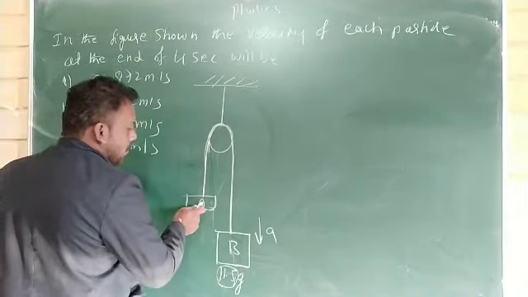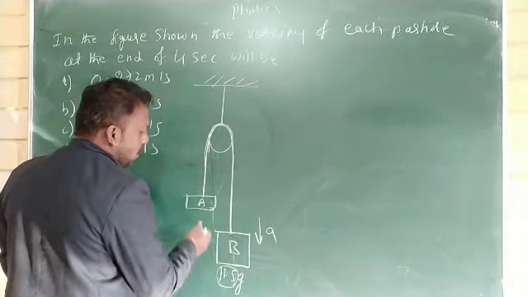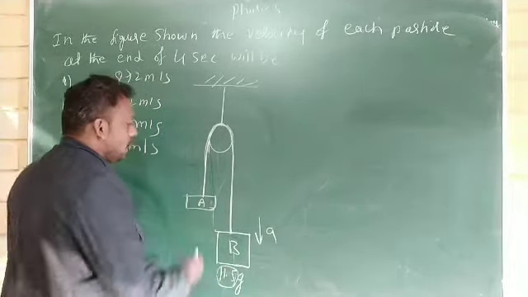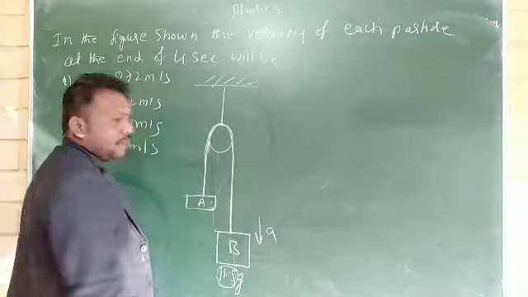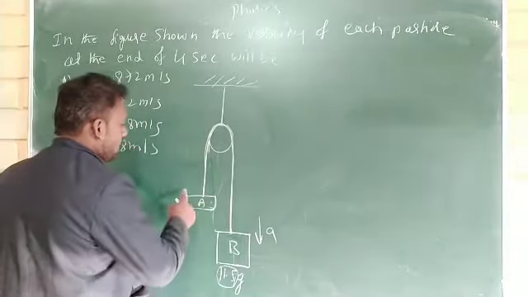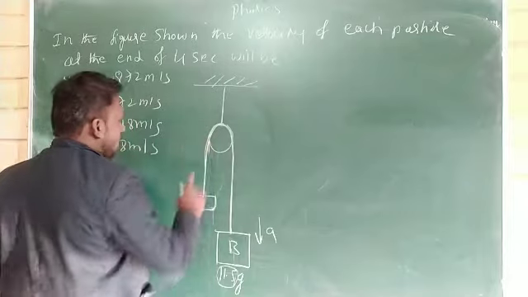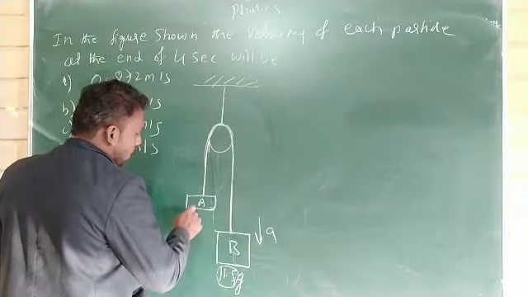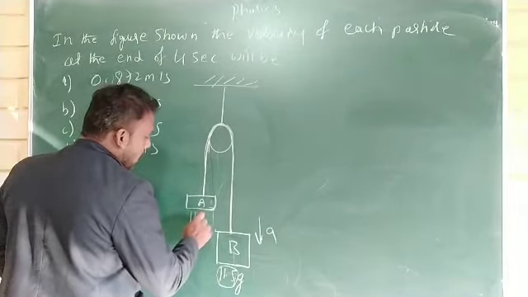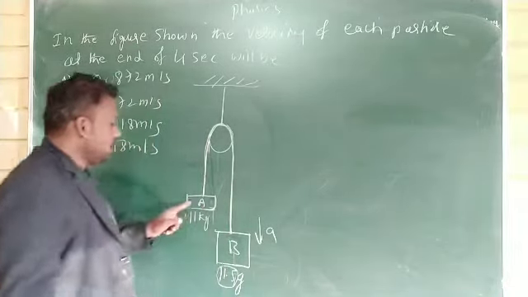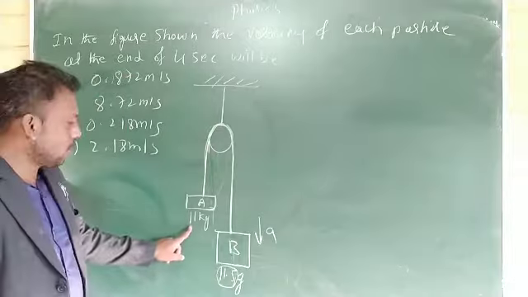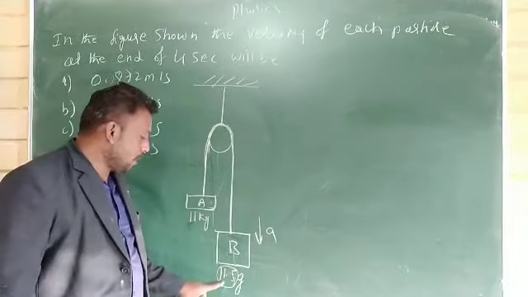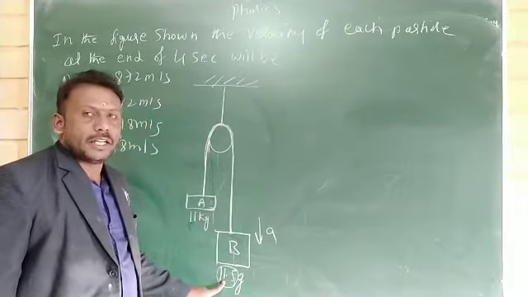Body A's mass is less than body B's mass. Body A's mass is not given here, but actually in the question it is given: 11 kg. Note down this point: body A mass is 11 kg and body B mass is 11.5 kg.